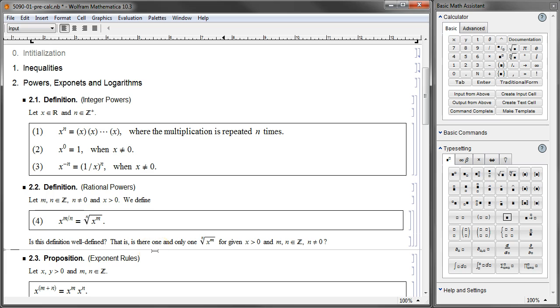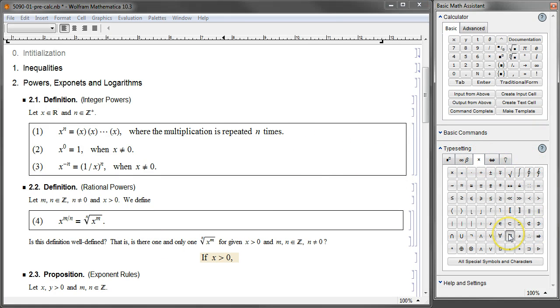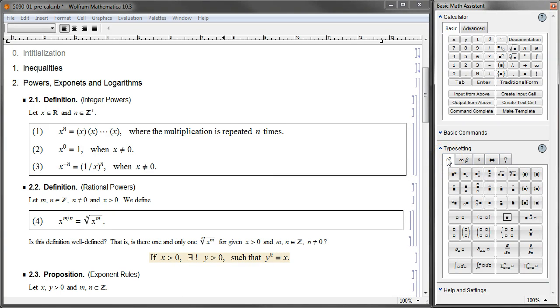It is related to that if x is positive, there exists one and only one positive number y such that y to the nth power is equal to x. And that's hidden behind all that. And that unique y will be defined as this quantity.